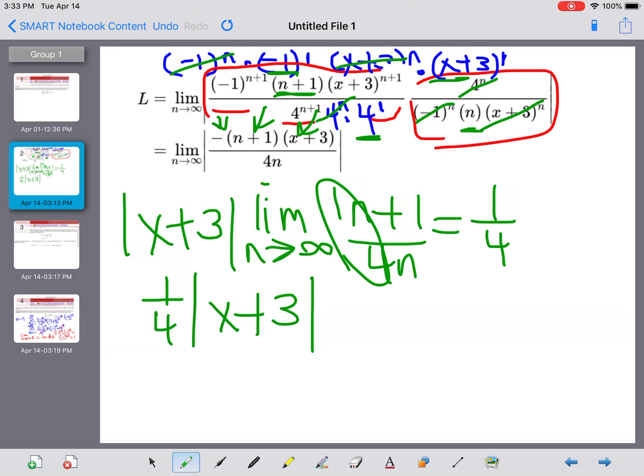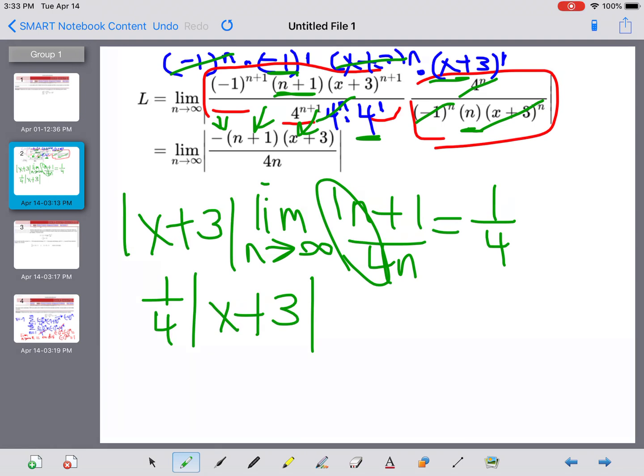Now for a power series, because x can change, it's a variable, we need to determine the radius of convergence, or in other words, the perimeter where our power series can converge, and then also the interval of convergence.